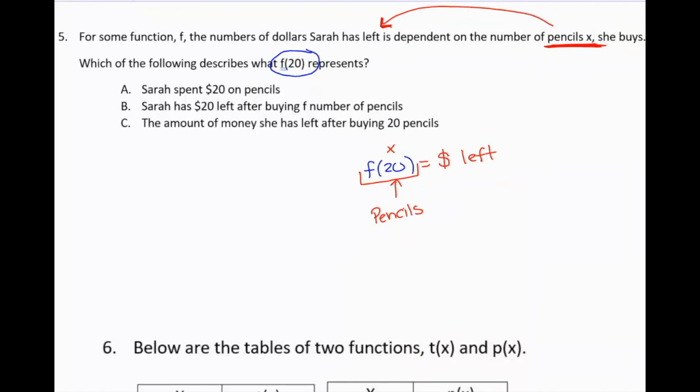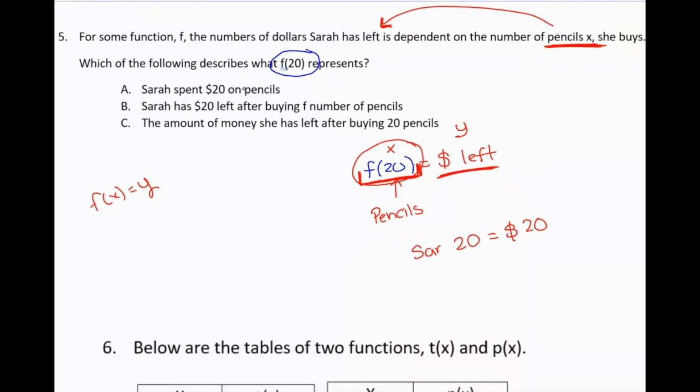I'm looking for which answer choice is going to tell me that when Sarah buys 20 pencils, she has however much money left. Because this f of 20 is our y value. Remember, f of x is the same thing as y. So whatever this entire piece tells me, that's my y value. So if Sarah buys 20 pencils, I'm going to figure out how much money she has left.